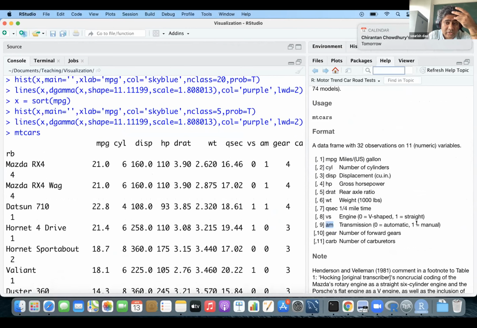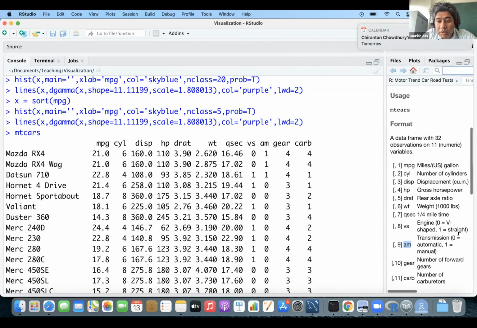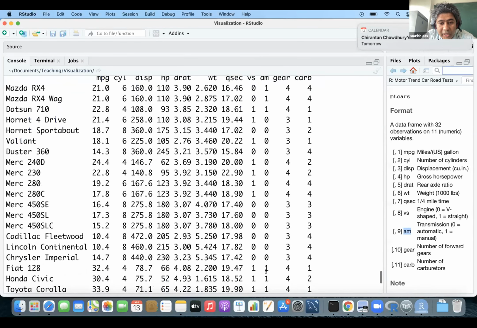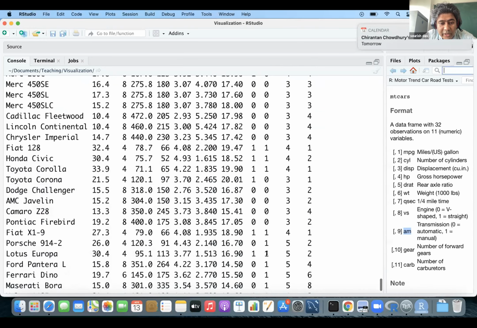No, sorry, 1 stands for manual and 0 stands for automatic. So AM is automatic or manual. 1 stands for manual and 0 stands for automatic. Okay, so there are quite a few automatic cars and there are some manual transmission cars as well.